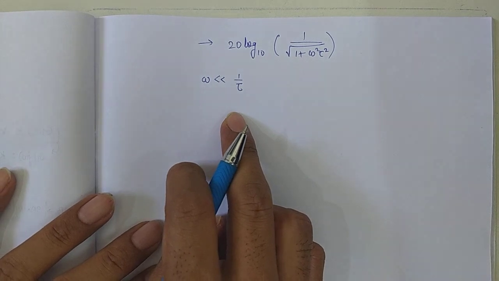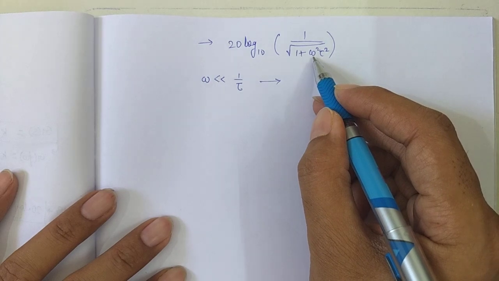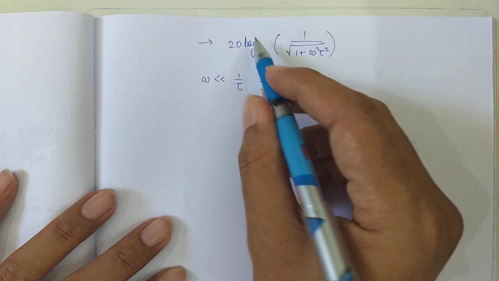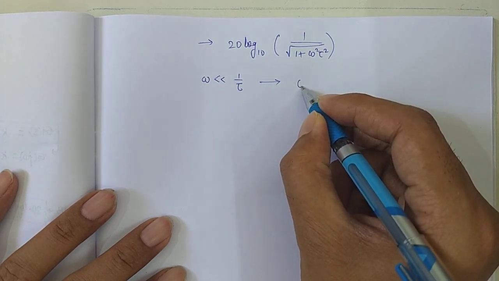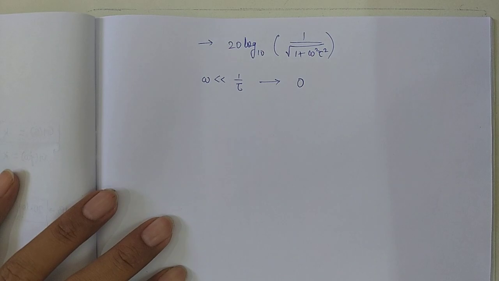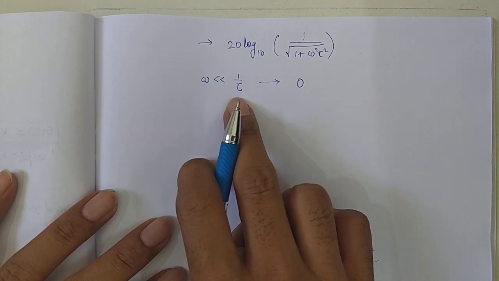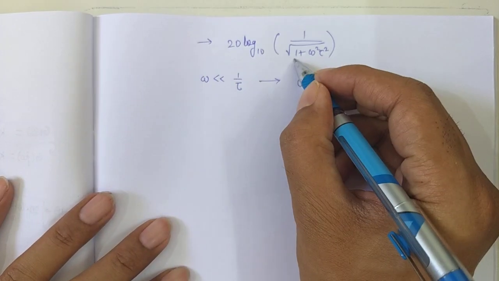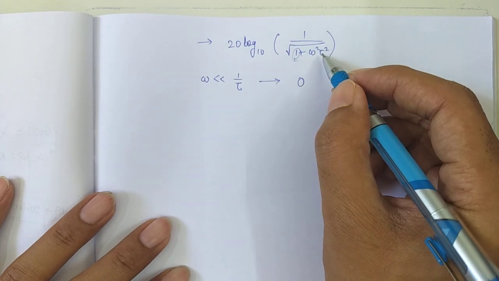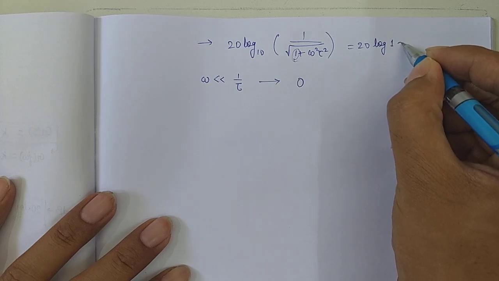Then this whole dB thing goes to 0. You substitute here, omega times tau is much less than 1, so this factor is less than 1, and this whole thing boils down to log 1, which is nothing but 0.